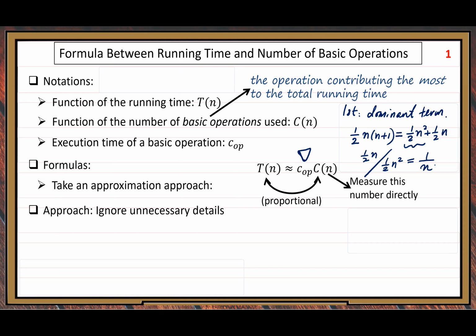In the second round, this dominant term still has a 1/2 constant. We call it the leading constant 1/2.